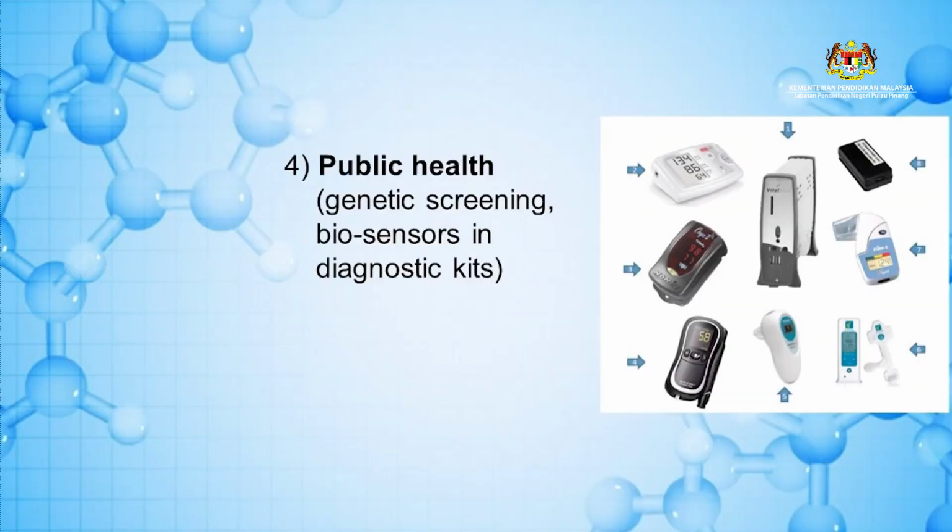Dear students, do you know how biotechnology is being used in public health? Yes, there are many examples that we could explain. In the field of public health, there are many kits being used, like the blood pressure monitor and the digital thermometer, which is widely used now to check your body temperature.